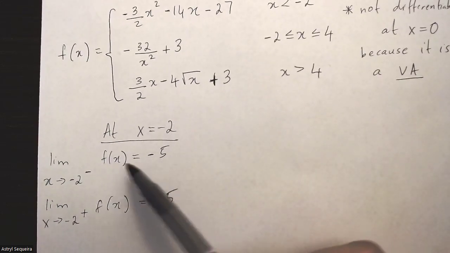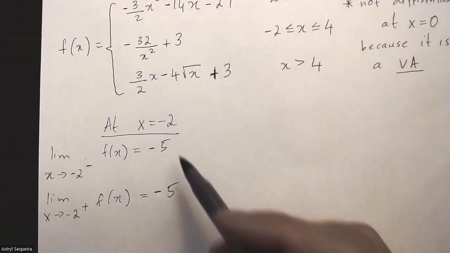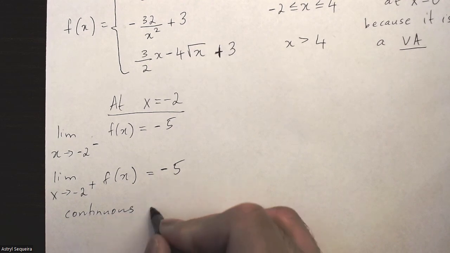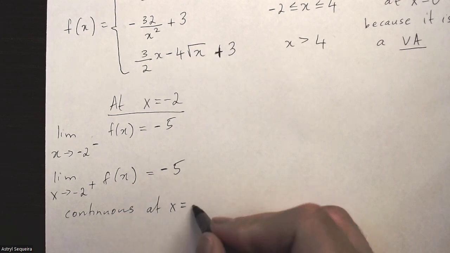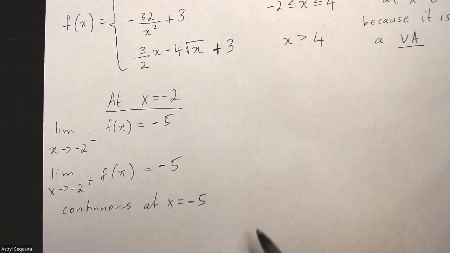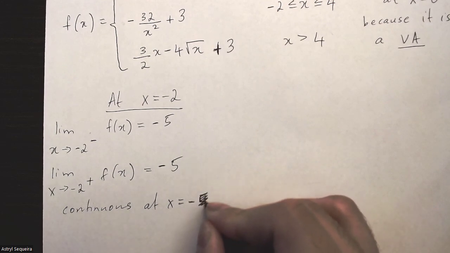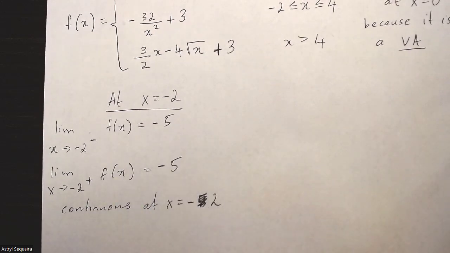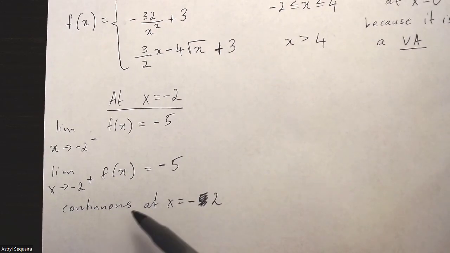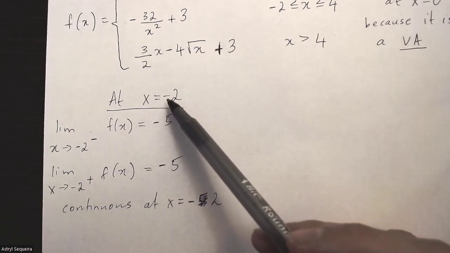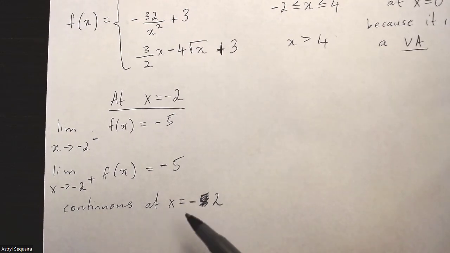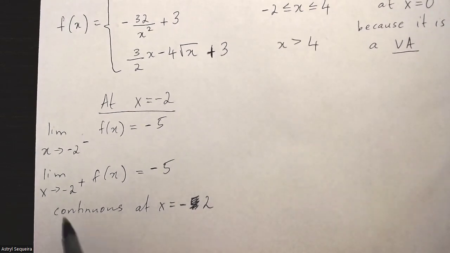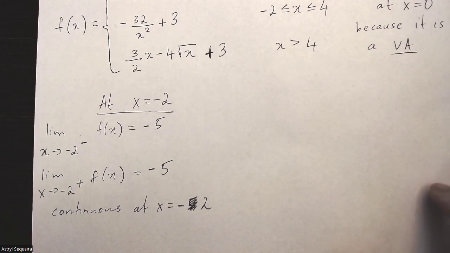So since the left side and right side limits are the same, it means the function is continuous at x equals -2. Now, if the function was discontinuous here, we could automatically say that the function is not differentiable at -2 because it's not continuous at -2. We don't even have to calculate the slopes. But since it's continuous, we have to test for differentiability as well.